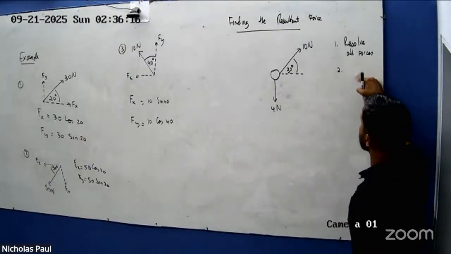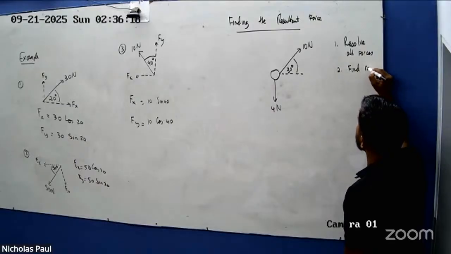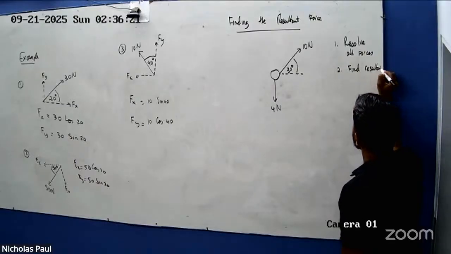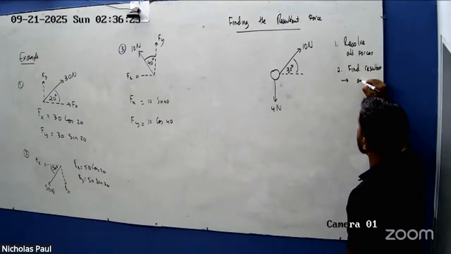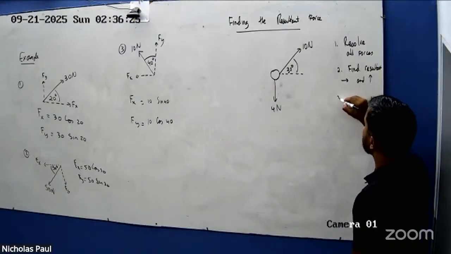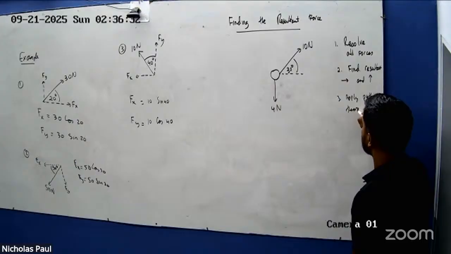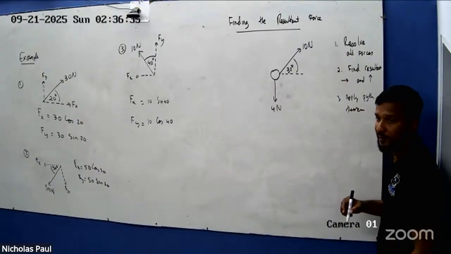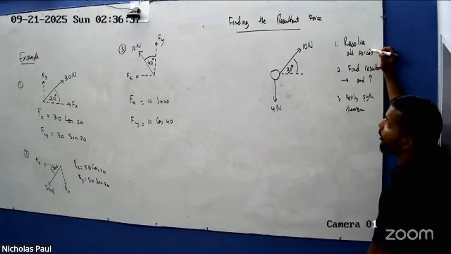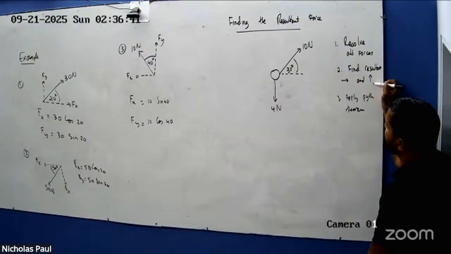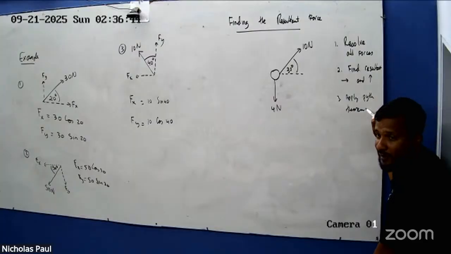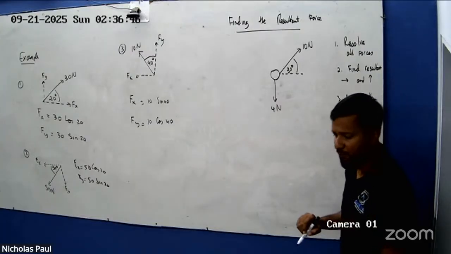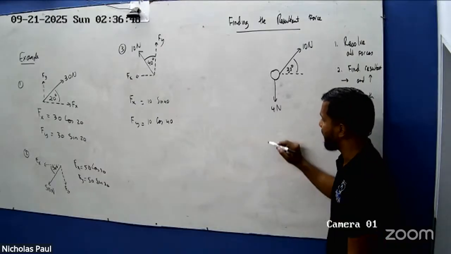We find the resultant horizontally and vertically, and then we apply Pythagoras' theorem. So we have 3 steps. Step number 1, we resolve all the forces that need to be resolved. Then we find the resultant horizontally and vertically, and then apply Pythagoras. Okay, watch here now.